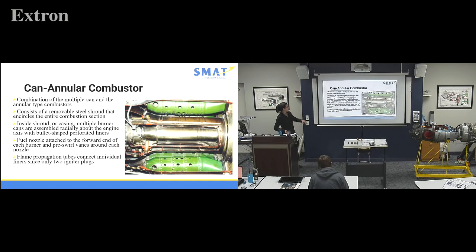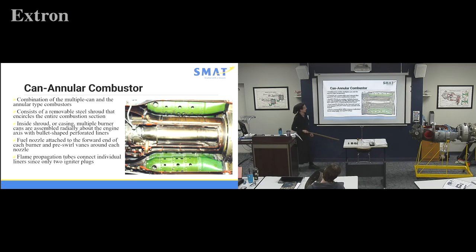They're assembled radially about the engine axis with bullet-shaped perforated liners. And the fuel nozzles are attached to the forward end of each burner. So each burner has its own fuel nozzle. And each one also has pre-swirl vanes around each fuel nozzle, so as the air's coming in, it's going to slow down and swirl for the best combustion.